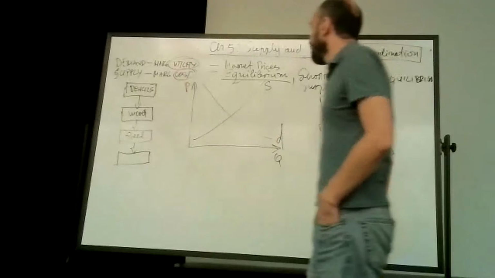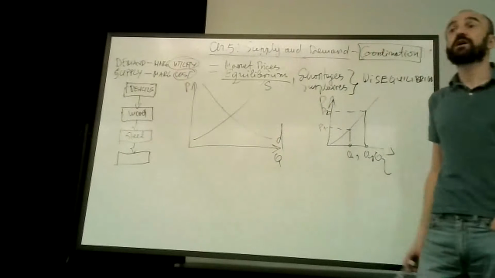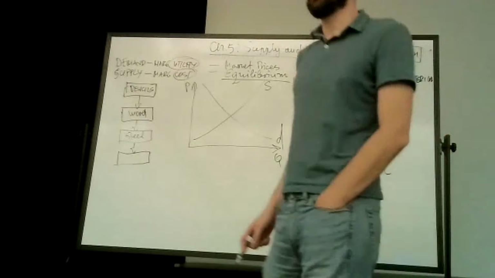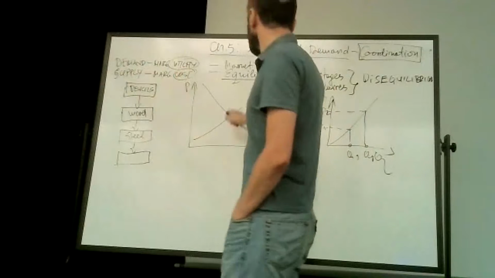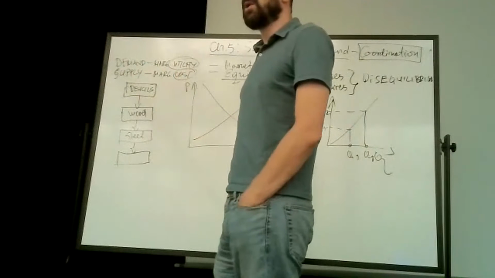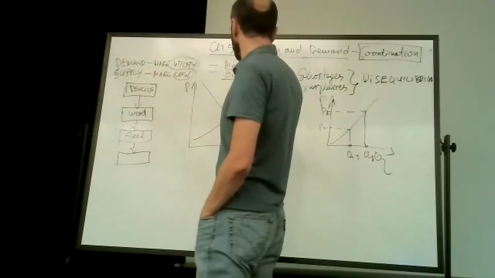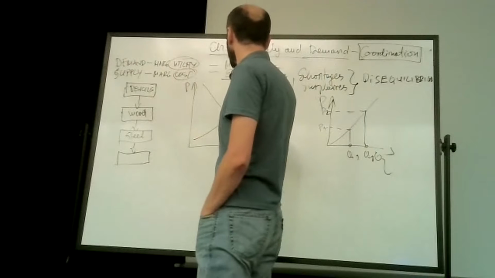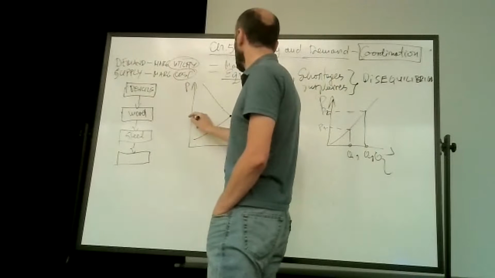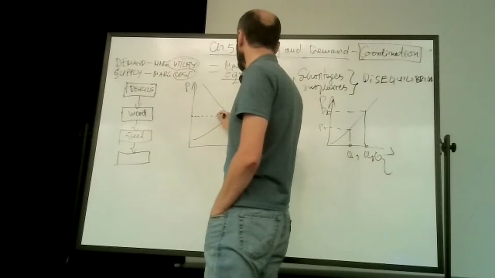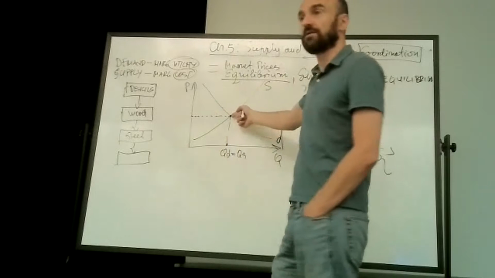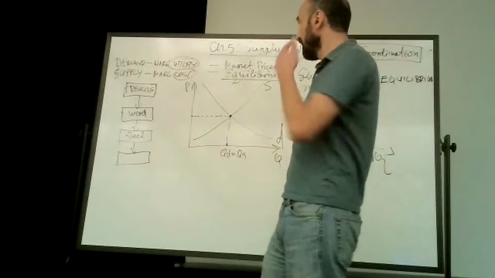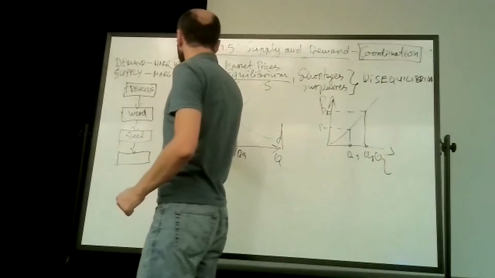Now, the market equilibrium, or the market price of a certain product, is the point at which supply and demand are equal, or the point at which the supply and demand curves intersect, this point here. And this price here, at which quantity demanded equals quantity supplied, is called the equilibrium price.